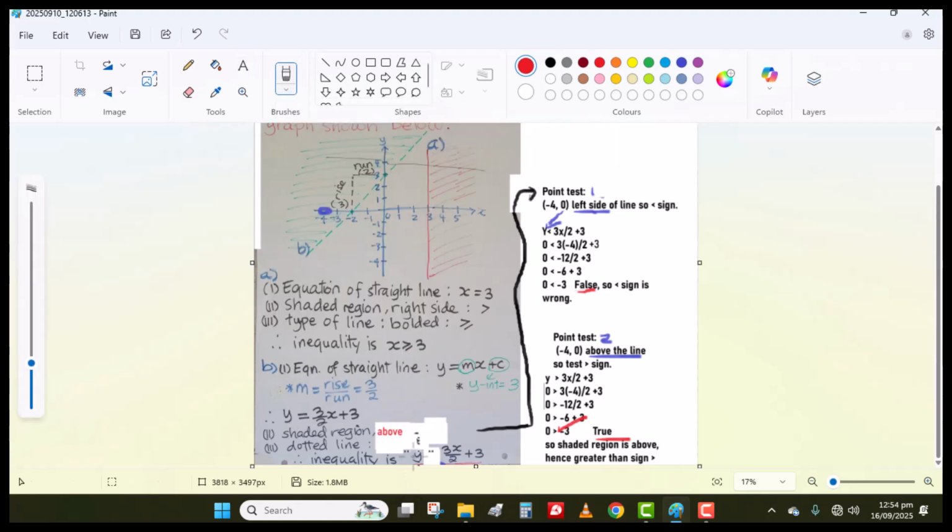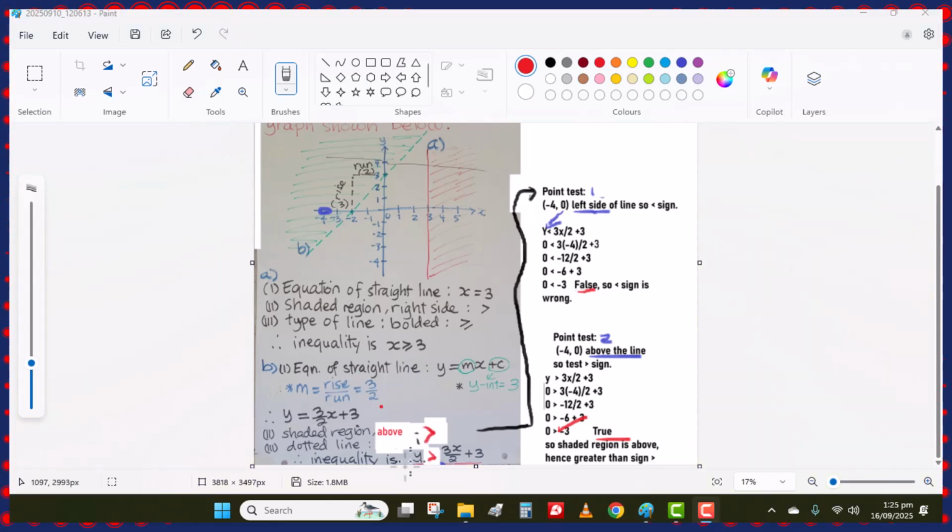Judging from the line, the type of line is a dotted or broken line, which means the points on the line are not part of the solutions. So we do not include greater than or equal to, and therefore our inequality for this graph is y is greater than 3x over 2 plus 3.